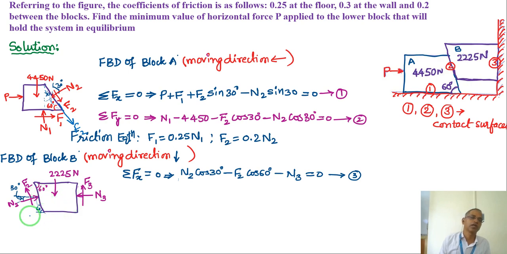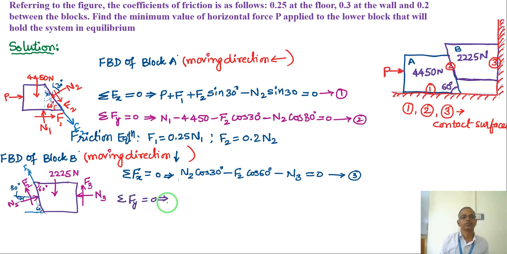Understand, F2 has an angle with respect to x, right? So F2 cos 60 will be on the left-hand side, minus.